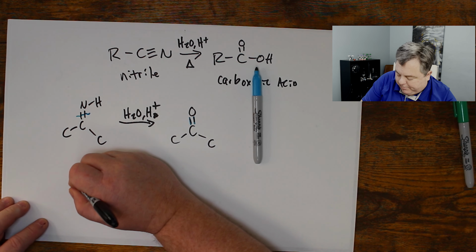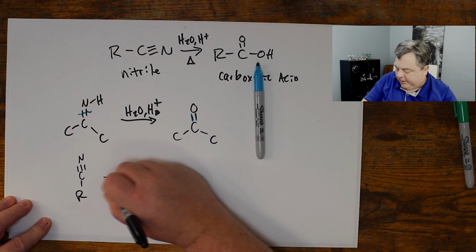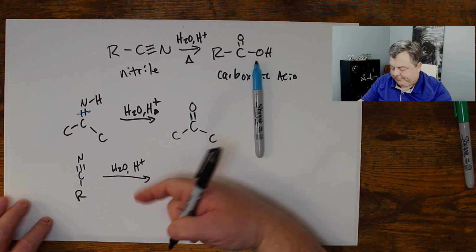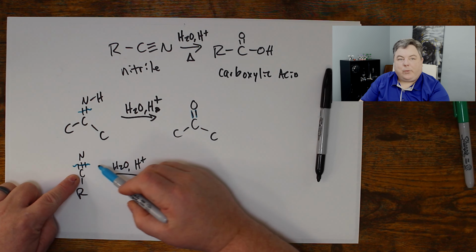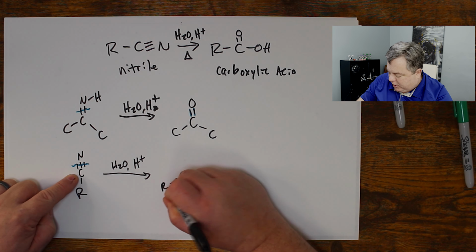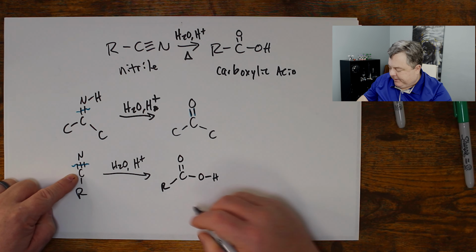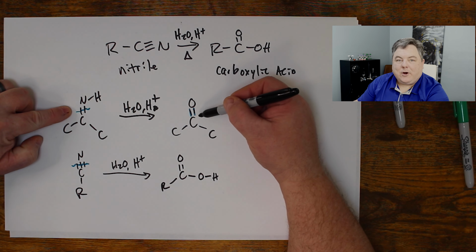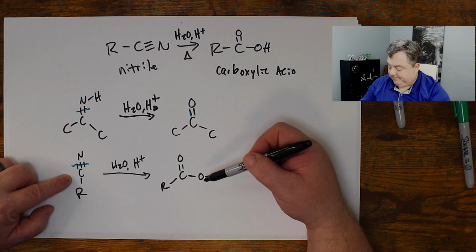Now, if I take a triple bond nitrogen with some carbon group, I do the same reaction, acid and water. I can hydrolyze this, but when I chop it, I'm chopping 3 carbon nitrogen bonds. So I need to make 3 carbon oxygen bonds. 1, 2, 3 means carboxylic acid. So when you need 2, you make a carbonyl. When you need 3, you need to make a carboxylic acid.